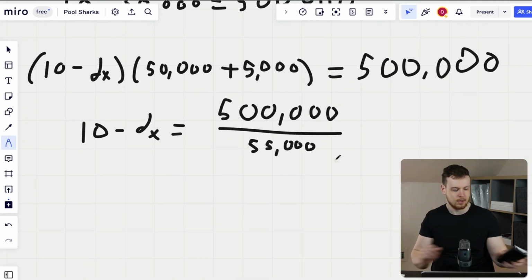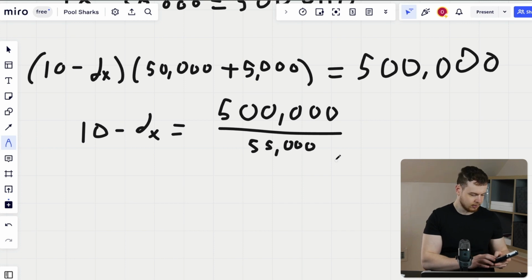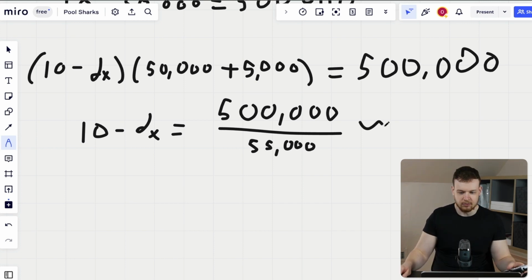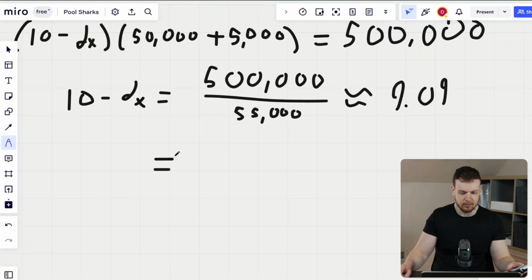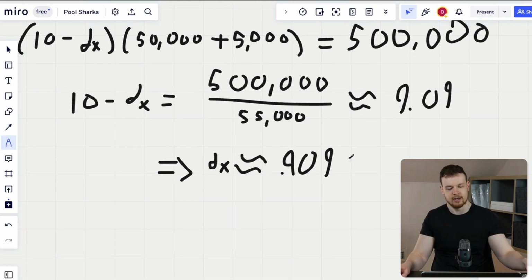And so using our graphing calculator, this is roughly 9.09. And this is going to imply dx is going to be roughly 0.909, a little bit more than 0.9.